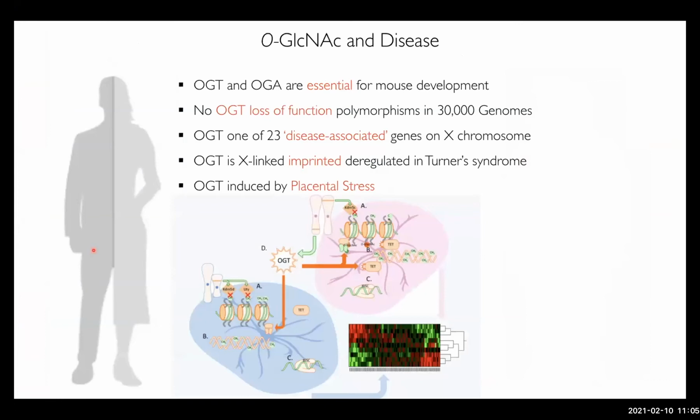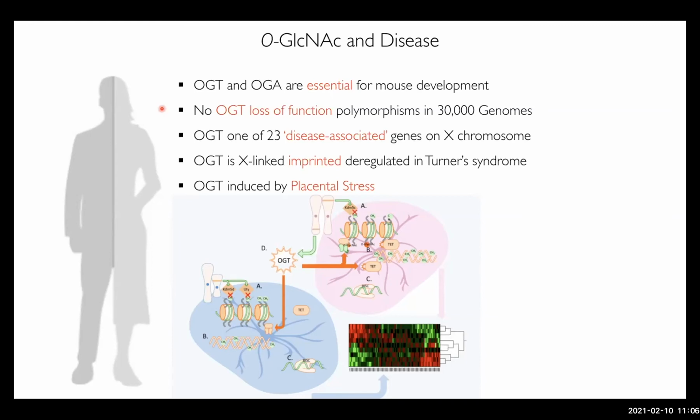The evidence that O-GlcNAc is involved in disease is really quite compelling at this point. Both enzymes are essential for mouse development. There's no loss of OGT function in over 30,000 human genomes that have been sequenced, and we'll be talking about that later. It's one of 23 disease-associated genes on the X chromosome. This is by inference. OGT is X-linked imprinted, we've shown, in Turner syndrome, in which individuals inherit a single X. And OGT is induced by placental stress.